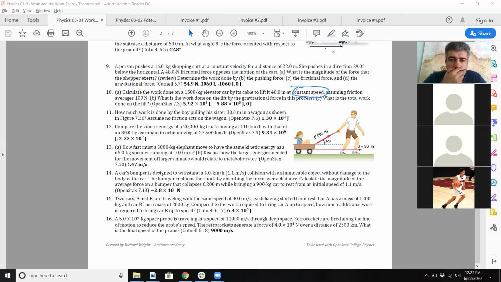In this case, it's being lifted up. So I guess what we'd have to realize is that our tension, so you have an elevator here. We also have friction with the cable.